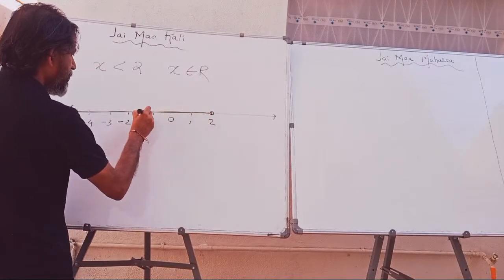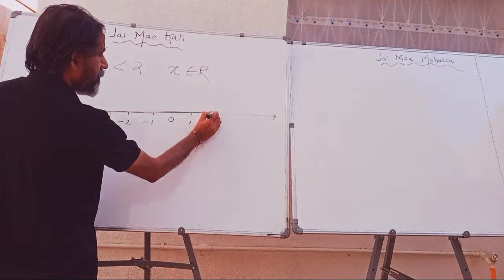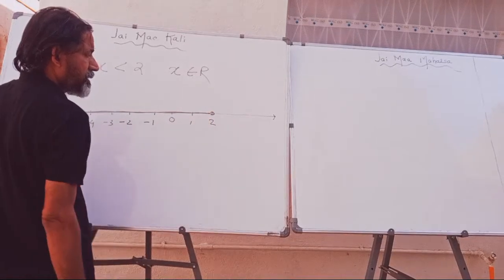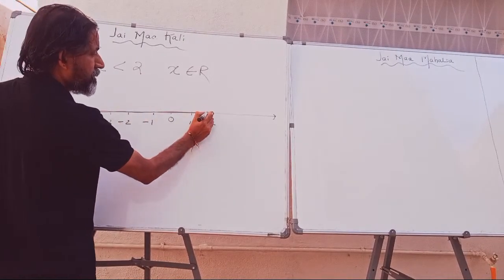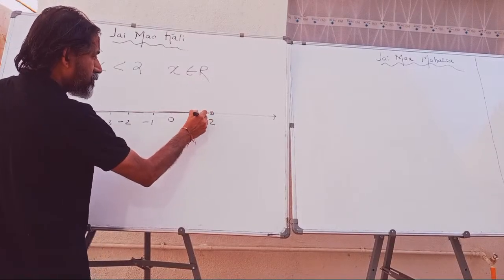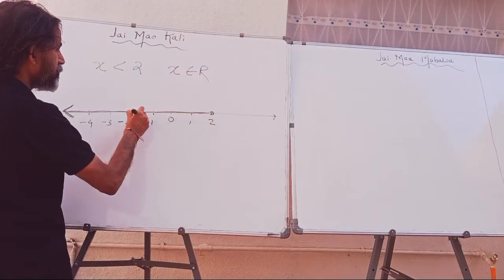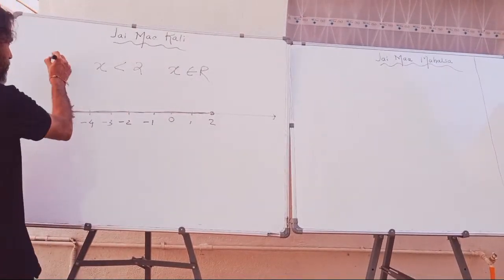This is a strict inequality, which means x is less than 2. It could be 1.99, 1.98. All these values of x satisfy the inequation. So this was the first one.